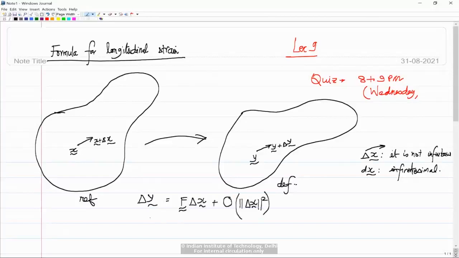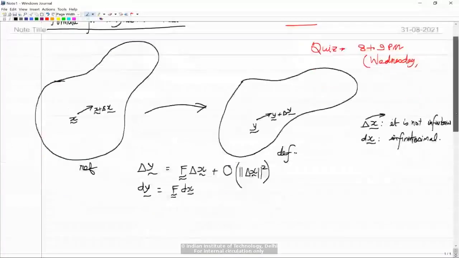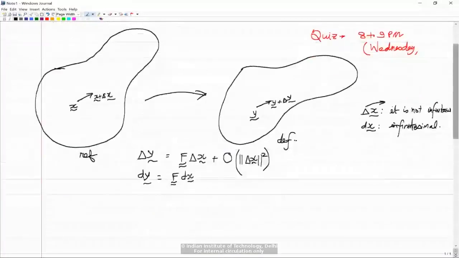And the same thing, if you do it using infinitesimal line elements, then dy is equal to big F dx. What is the difference between these two? Of course, the first one has got some error term also, and the second one is exact.